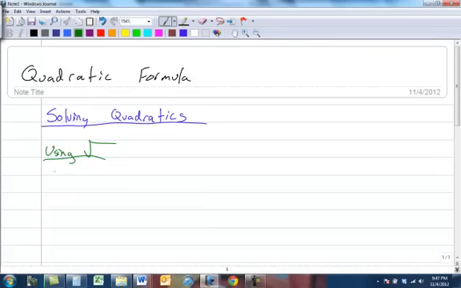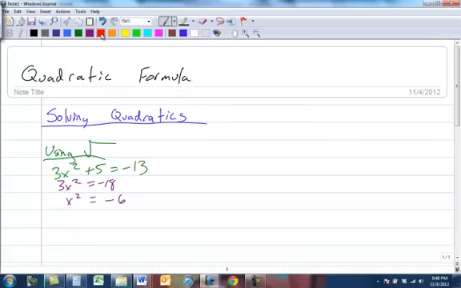Example of that would be 3x squared plus 5 equals negative 13. Go ahead and take a minute, solve that. Go ahead and press pause. All right, so you probably got 3x squared equals negative 18. X squared equals negative 6.